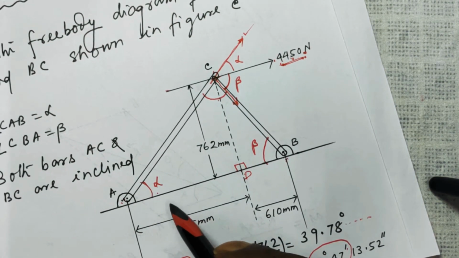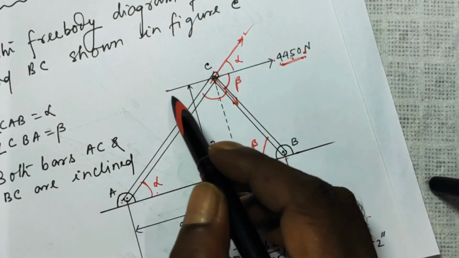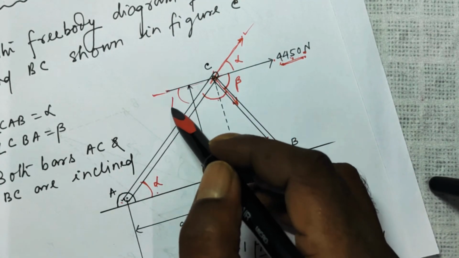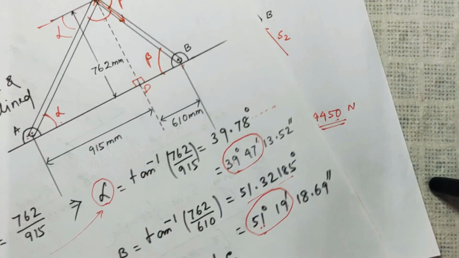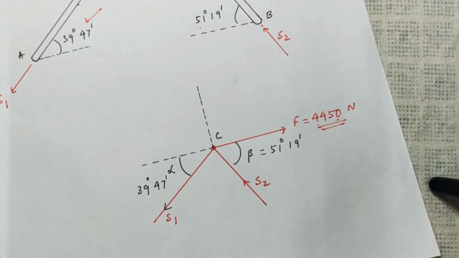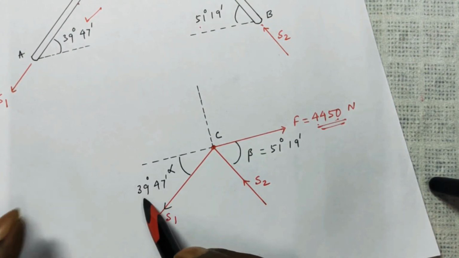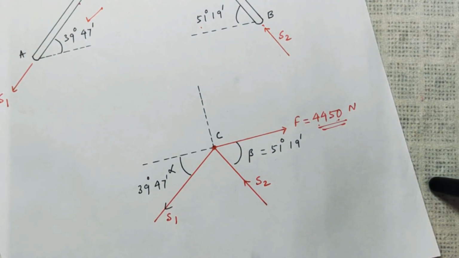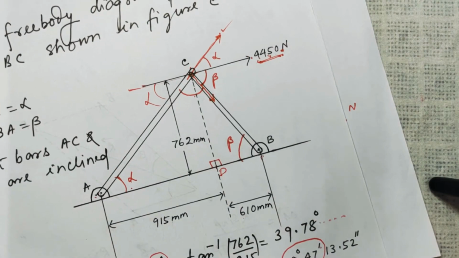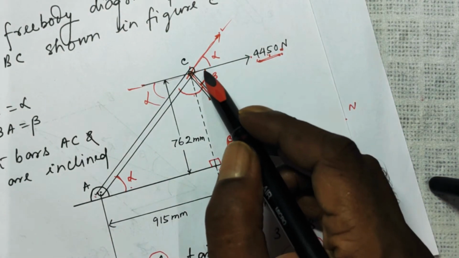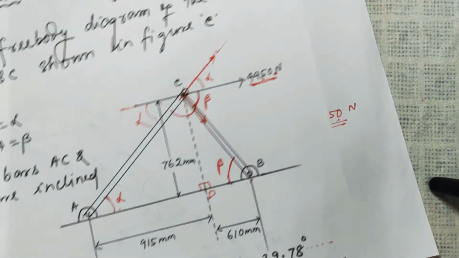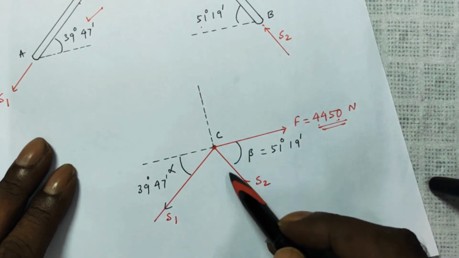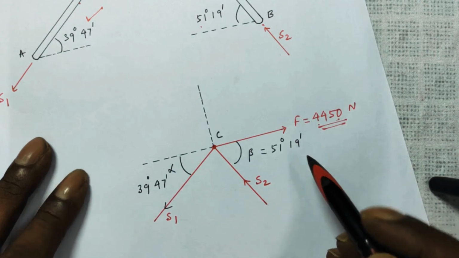Since this angle is alpha, if you draw a horizontal, this angle is also alpha, which I have shown here, 39 degree 47 minutes. Since this angle is beta, therefore this angle is beta. That is what I have shown here, beta 51 degree 19 minutes.